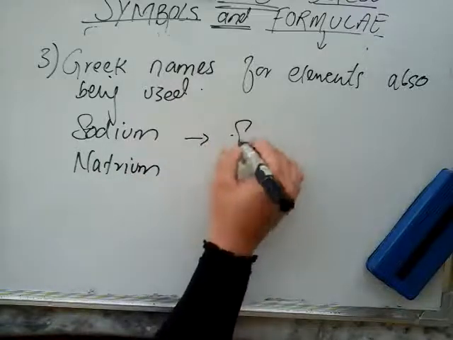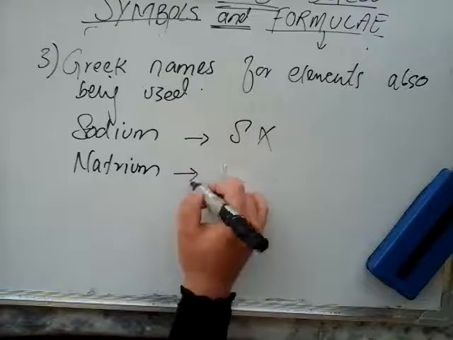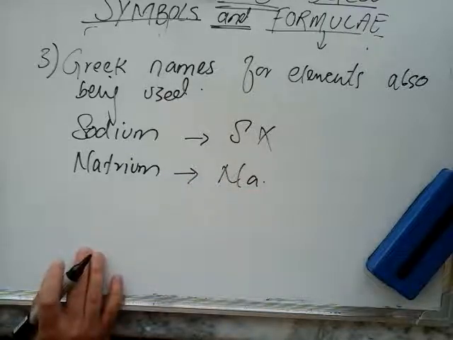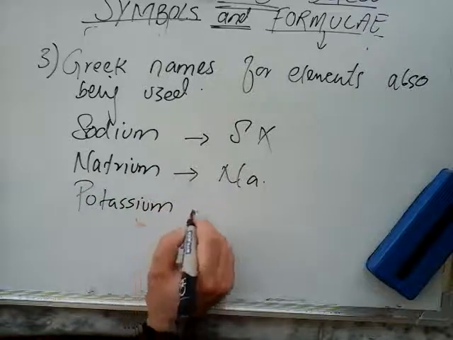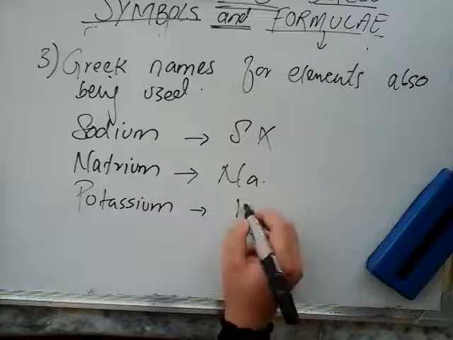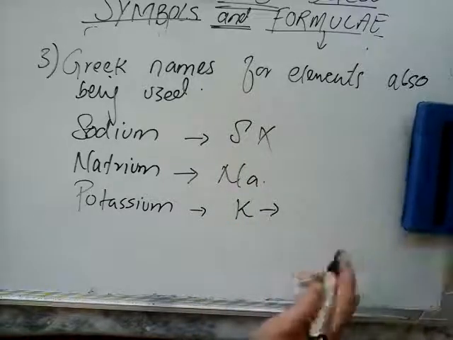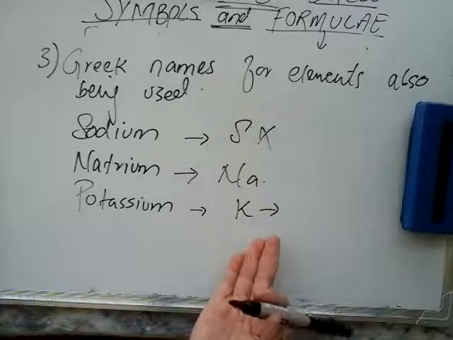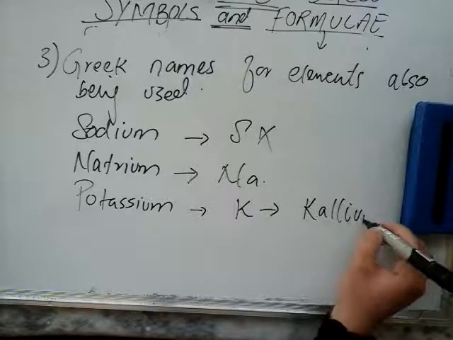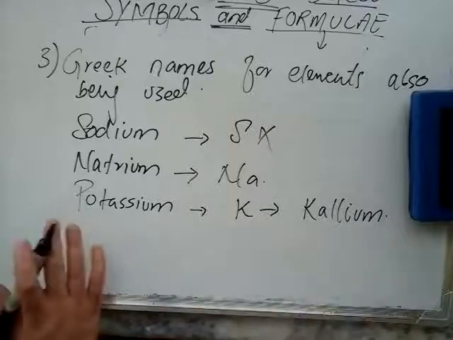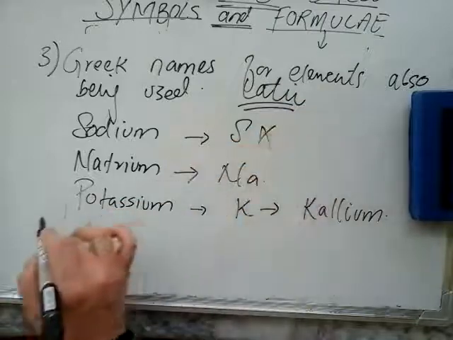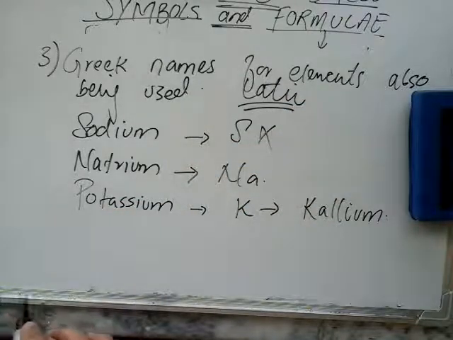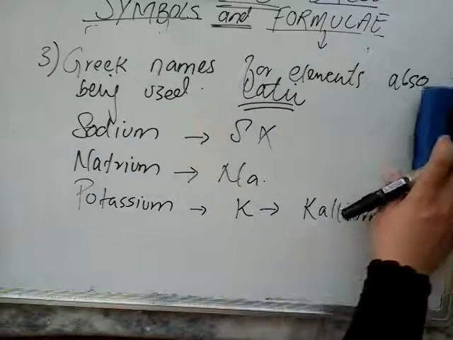So S is not the symbol of sodium; we will use Na. In the same way, for example, potassium, which is the English word, its symbol is K. Why K? Because the K is taken from the Greek word kalium. Is that clear? So this is how we sometimes use Greek or Latin names for giving symbols to elements. This is how we write the symbols of elements.